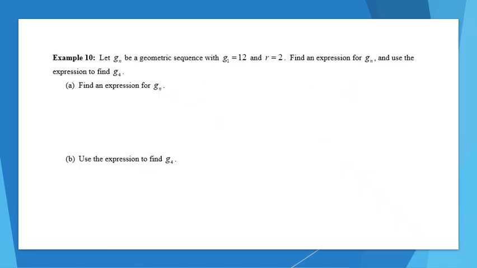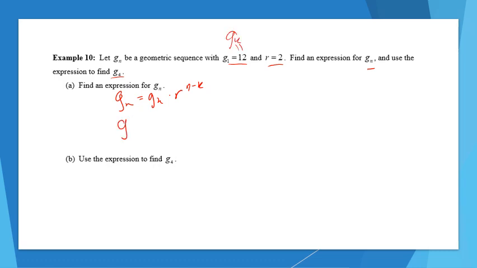All right, so for example 10 here, we have one term and our common ratio, and we want to find a general expression and then find the fourth term. So this is going to be very similar to the arithmetic sequences. So first set up our equation. g of n equals g of k times r to the power of n minus k. In this case, we're going to set this as our g of k, and then this is our r.